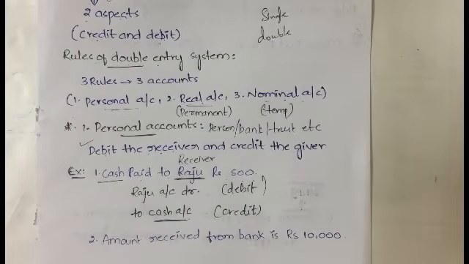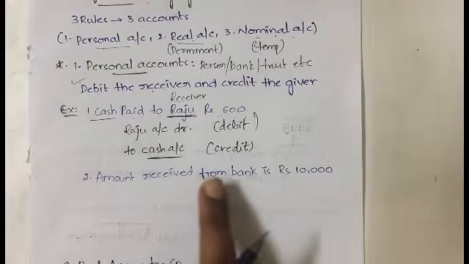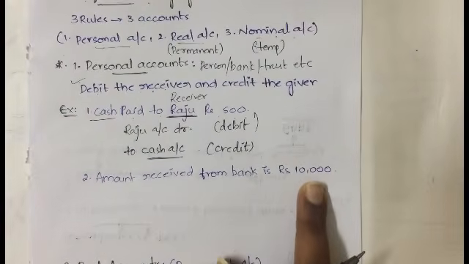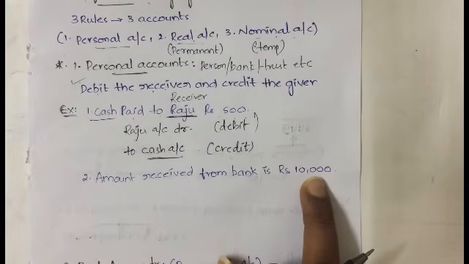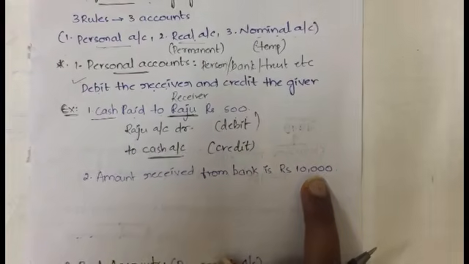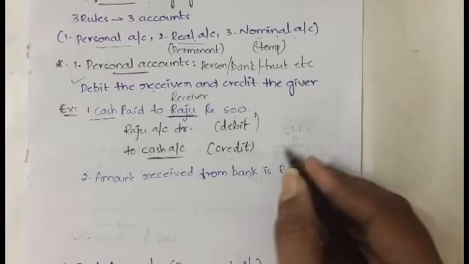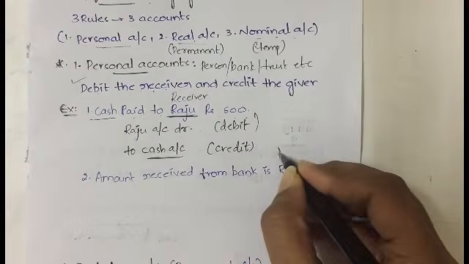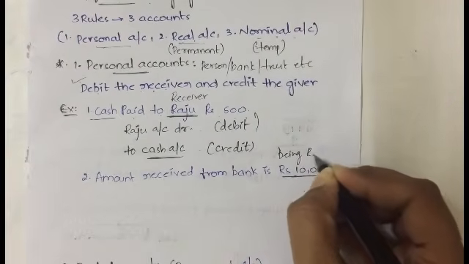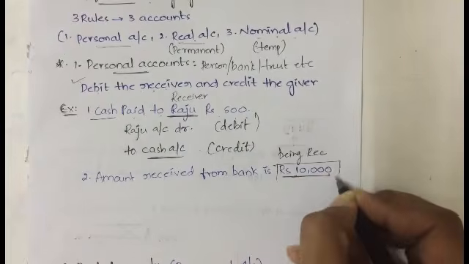Next, amount received from bank is rupees 10,000. So here we are receiving 10,000, right? It is being received, so the cash account will become the debtor.